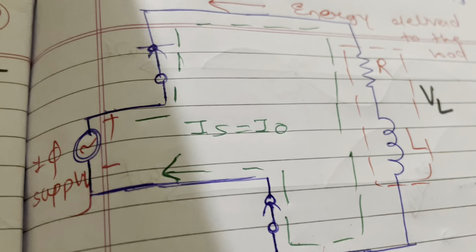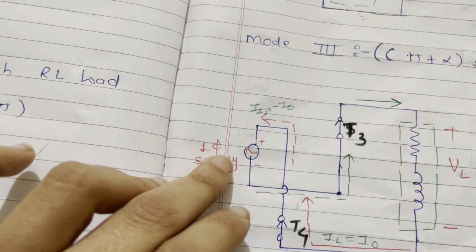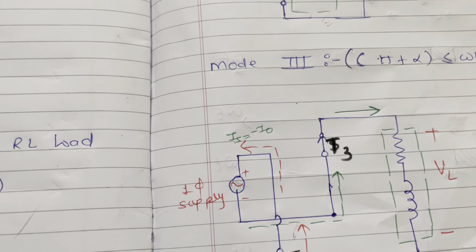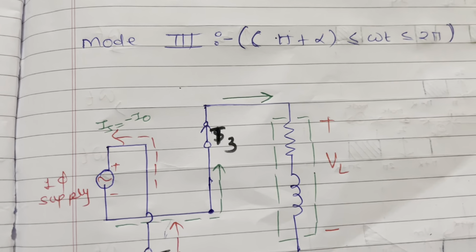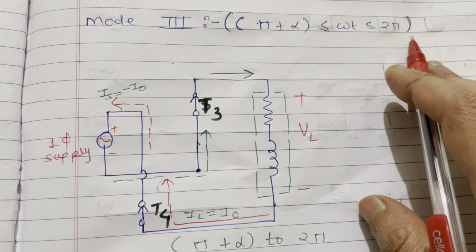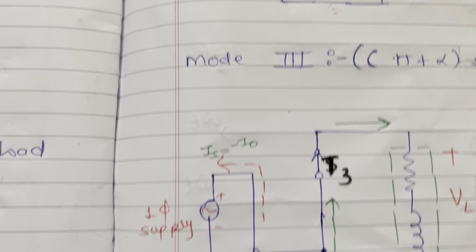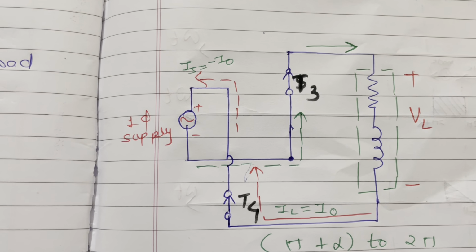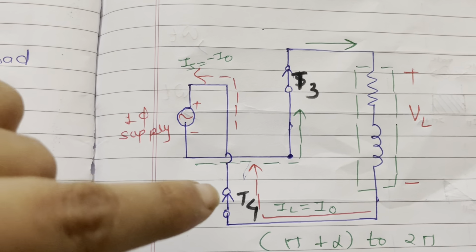Now in mode number 3, at the instant pi plus alpha to 2 pi, the other pair of SCRs, SCR3 and SCR4, will be turned on, and this connects the negative input voltage across the conducting SCR1 and SCR2.